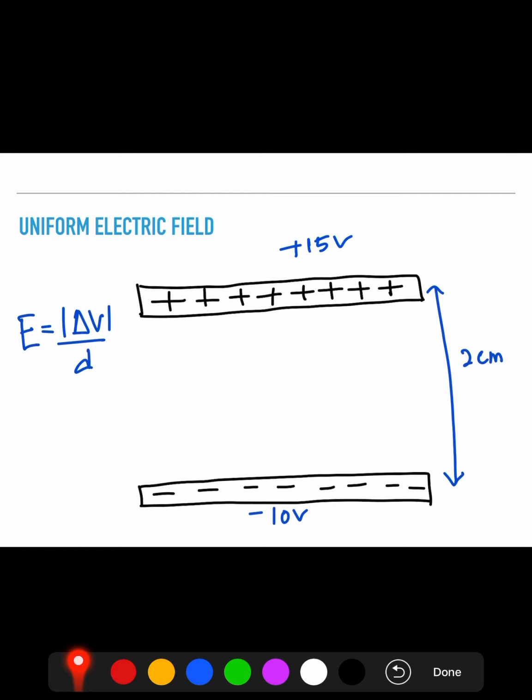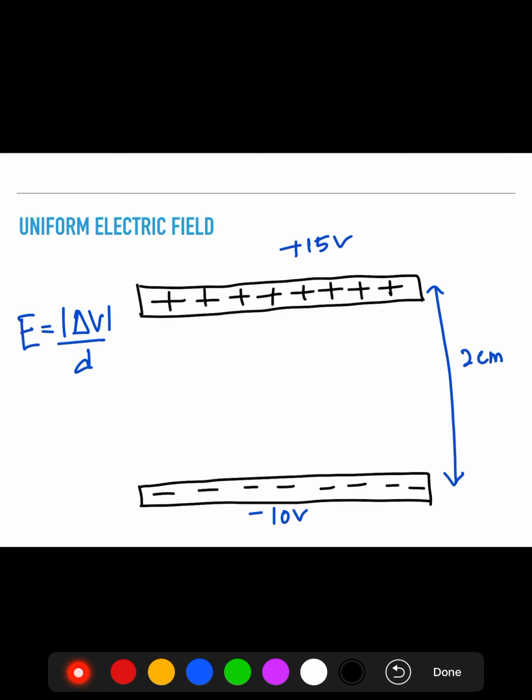For the next slide, it is about the magnitude of the uniform electric field. If we need to calculate the electric field, the magnitude can be calculated by using the formula change of electric potential, or electric potential between the plates, divided by the distance between them. As in this example, we have the positive plate, positive 15 volt, and the negative plate is negative 10 volt, separated by a distance of 2 centimeter.